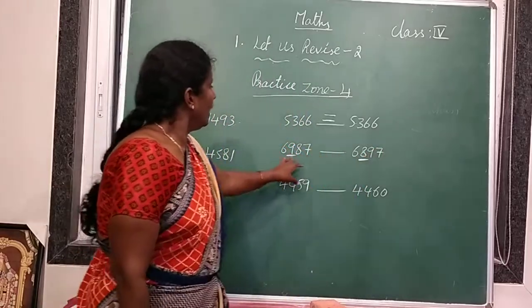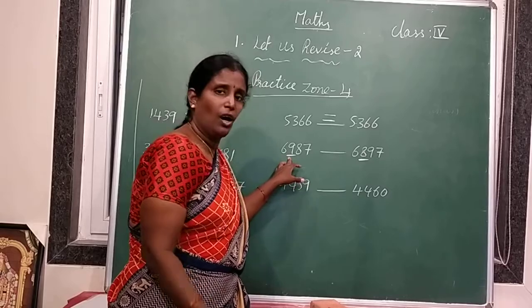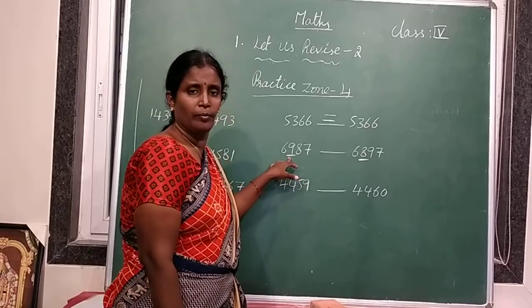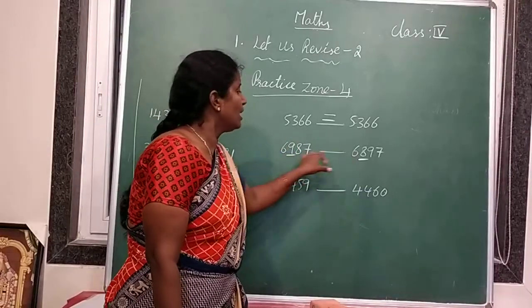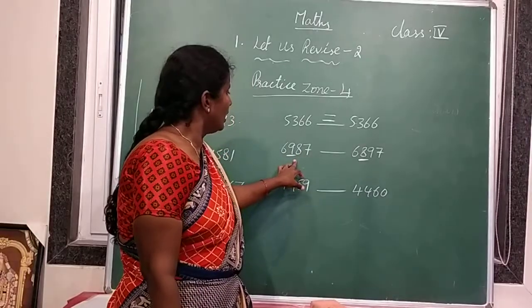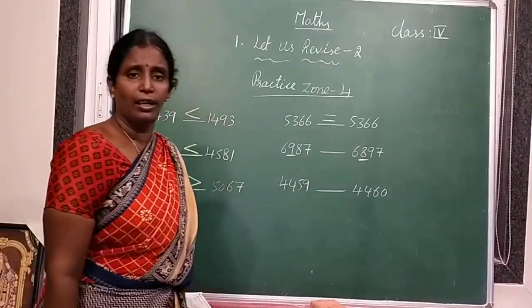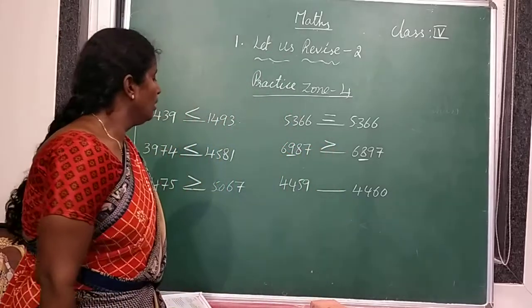So is 9 greater or smaller than 8? Greater. That means first number is greater than the second number. If the first number is greater than the second number, what is the symbol? Greater than symbol. Good.